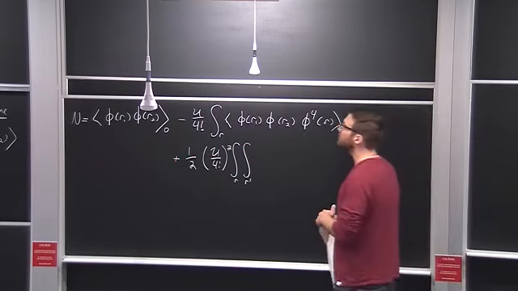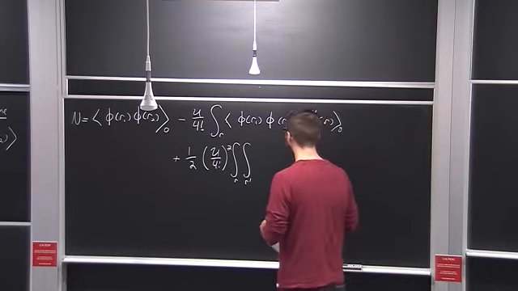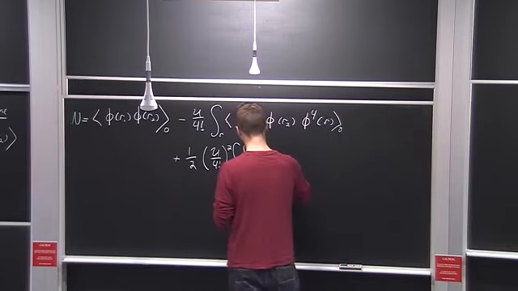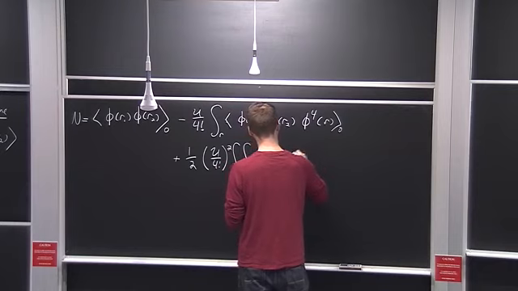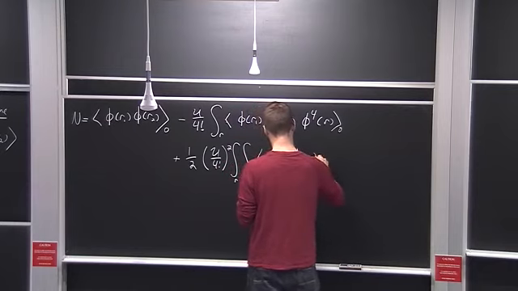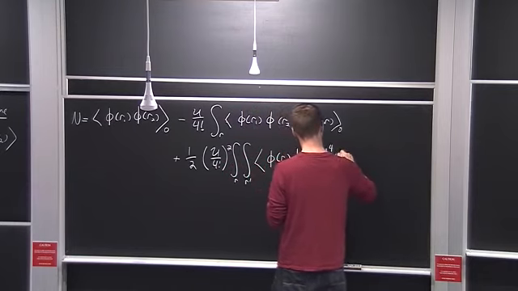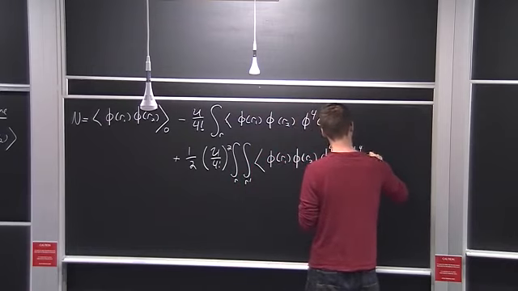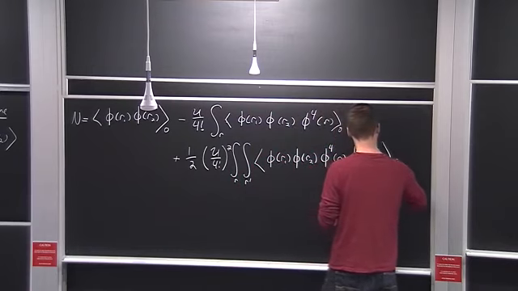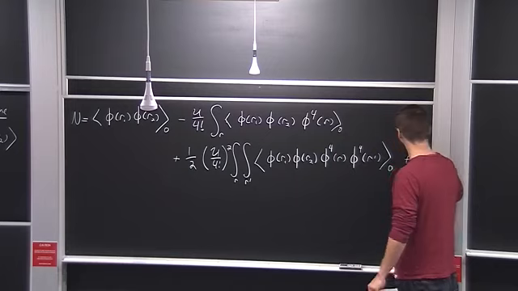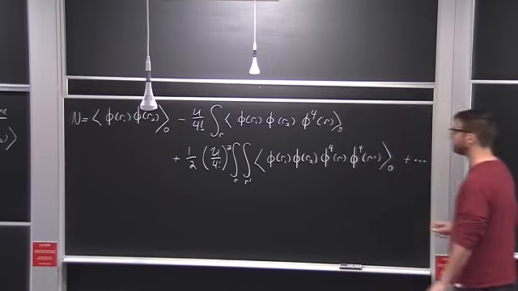So you have two integrals of φ⁴ with a Gaussian expectation, plus higher order terms.